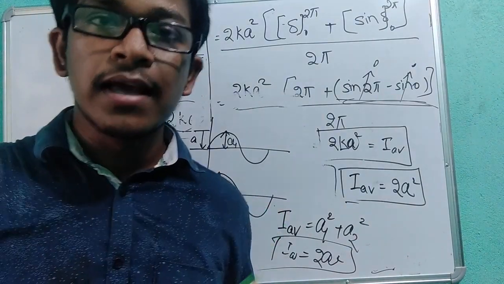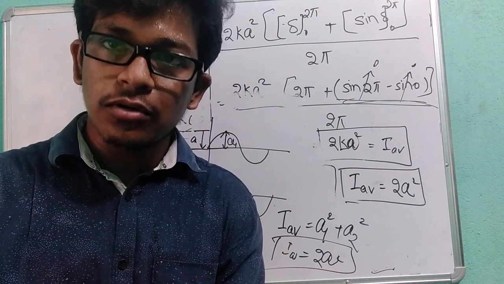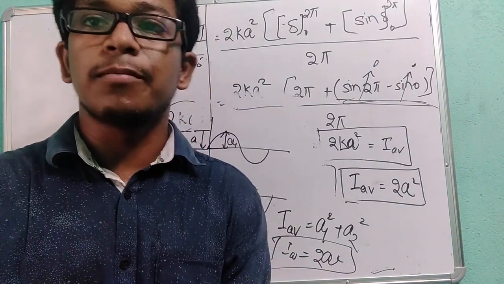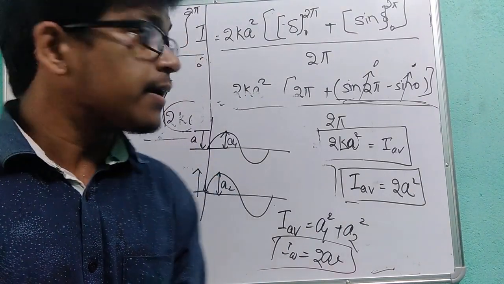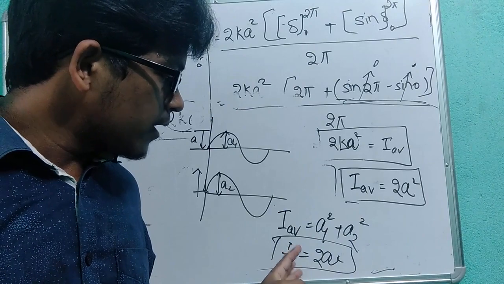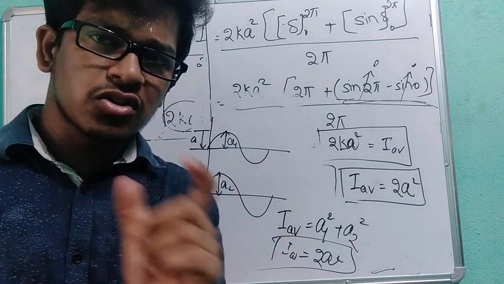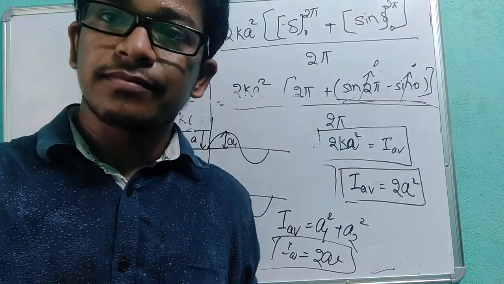You know the energy conservation principle: energy can neither be created nor destroyed. Here also that principle is applicable, and you saw how it is proved. I average equals 2A square. Short MCQ questions can come in the exam, so remember all these things. Thank you.